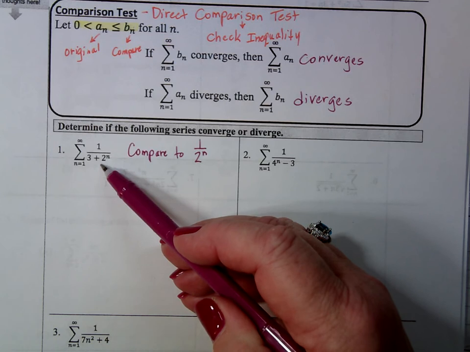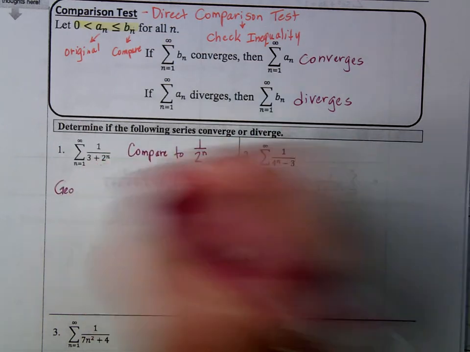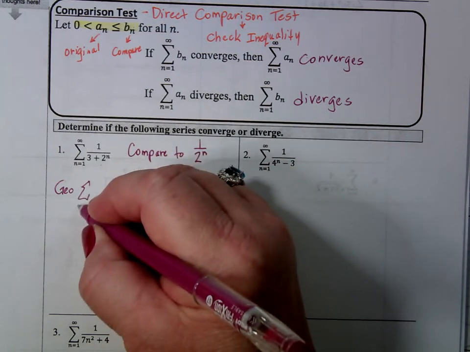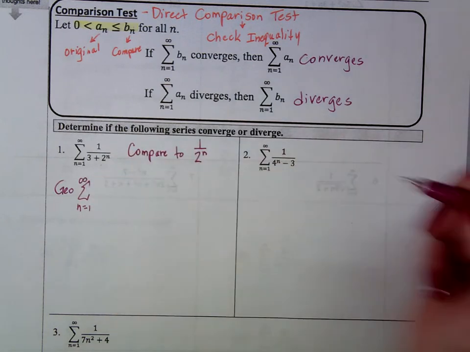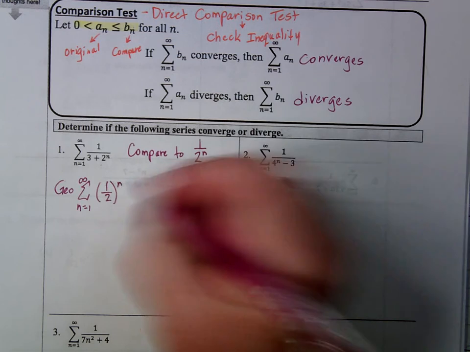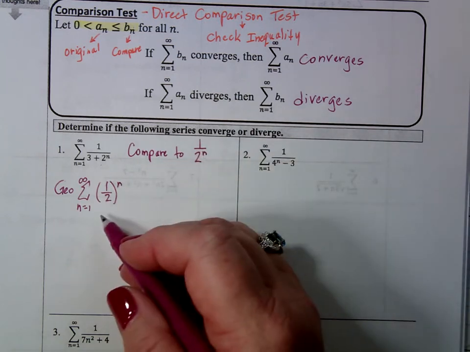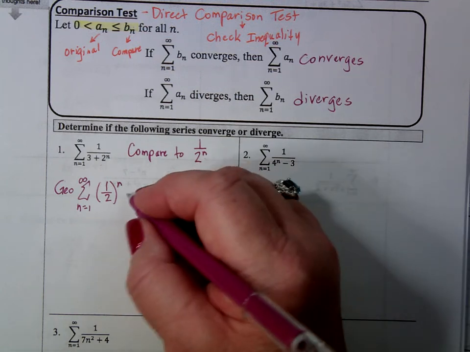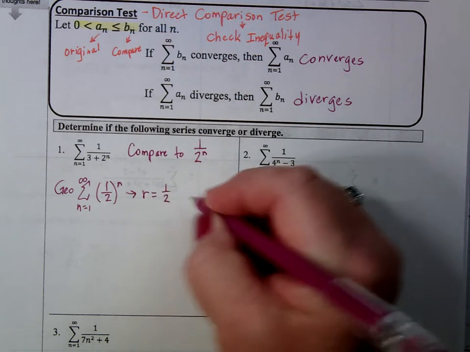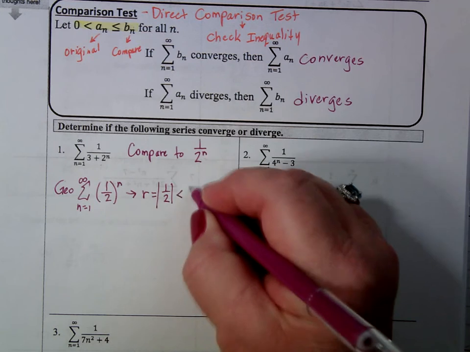And so if I'm comparing it, now I know that this is a geometric series. Can I write it as a geometric series? And you say, yep, you can. It would be the sum from n equals 1 to infinity of 1 over 2 to the nth power. According to the geometric series test, your r is 1/2, and the absolute value of 1/2 is less than 1.